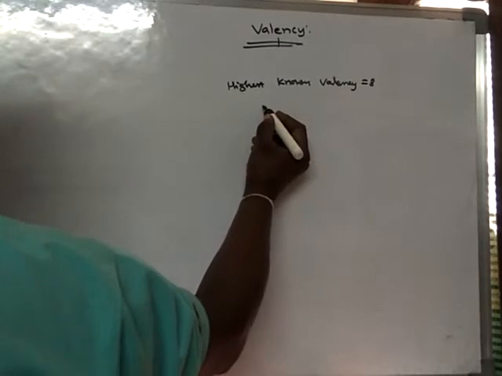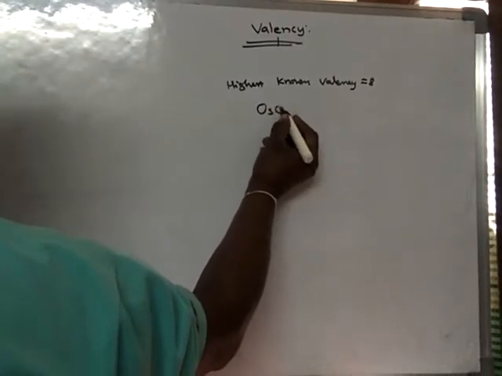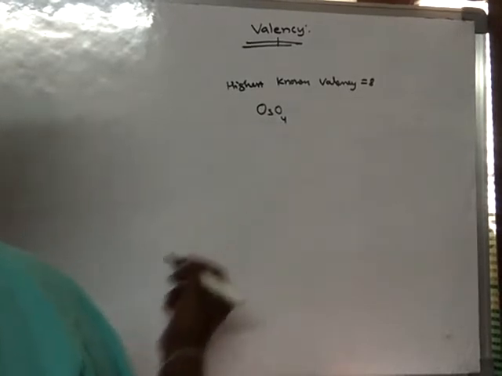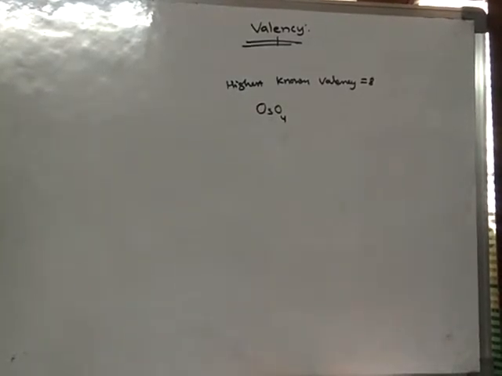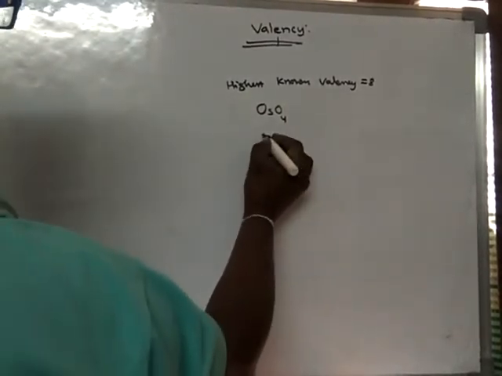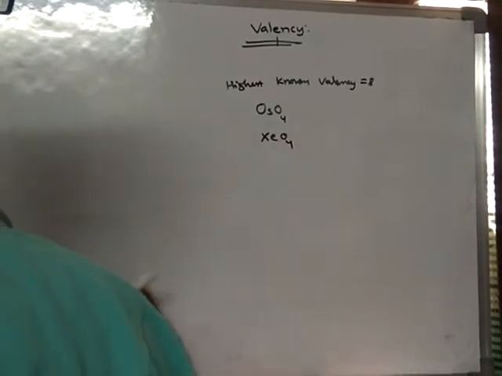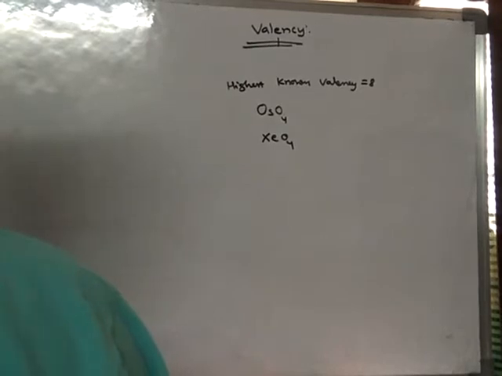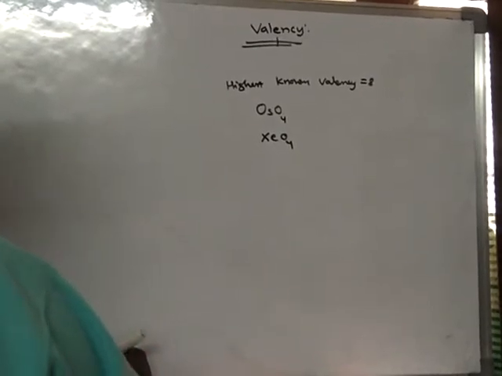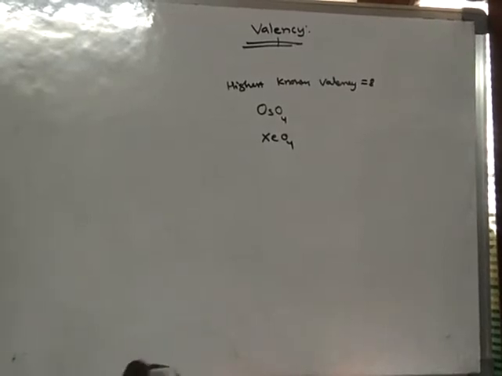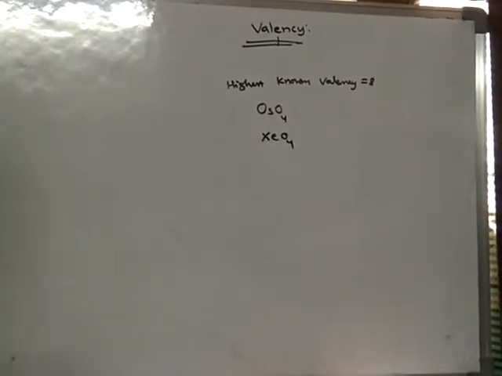In osmium tetroxide, the valency of osmium is 8. In xenon tetroxide, the valency of xenon is 8. These are some of the examples for the maximum valency of an element.